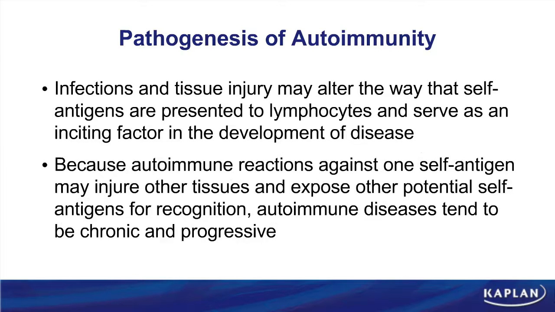But again, what we see in these very complicated diseases is that a lot of the time, if we have an autoimmune reaction to one tissue, we can actually see other tissues involved as well. And these diseases tend to be very chronic and progressive.